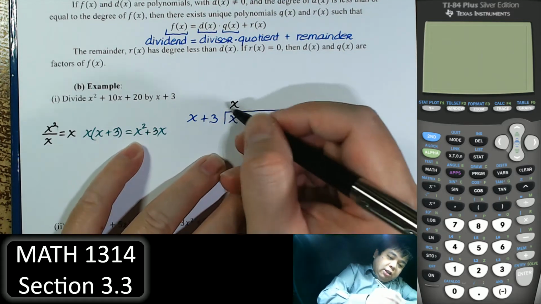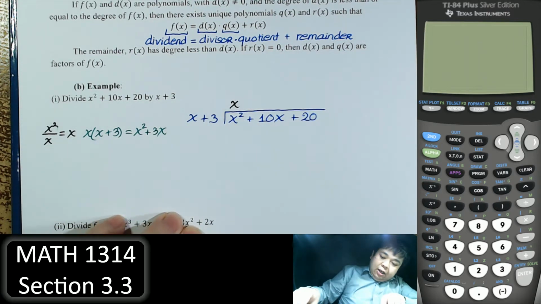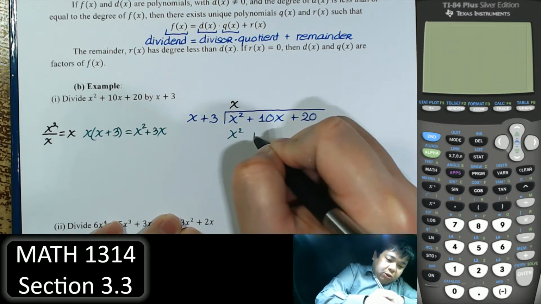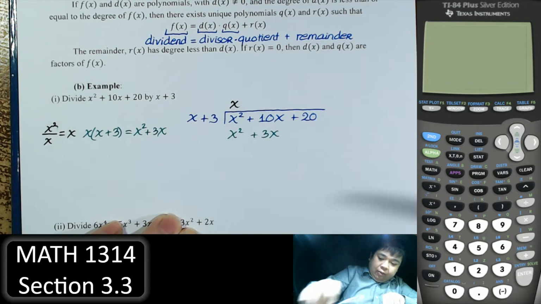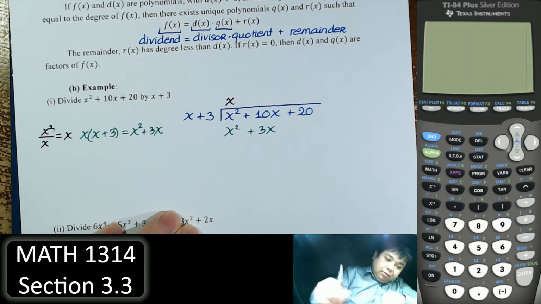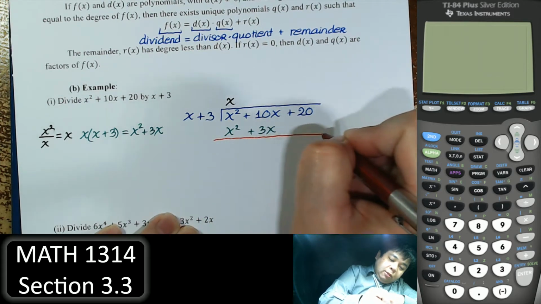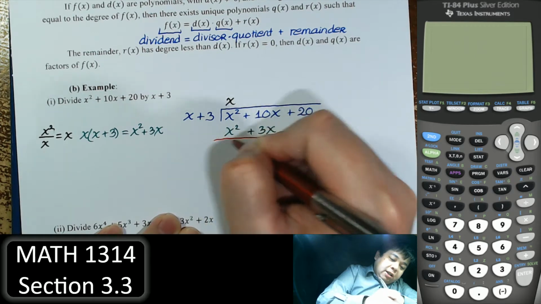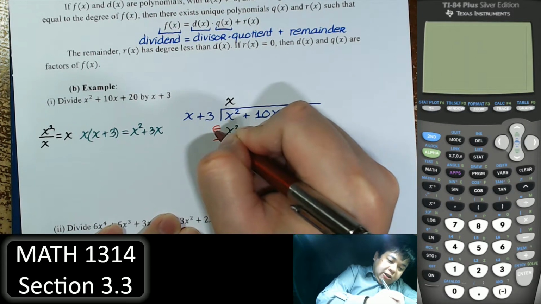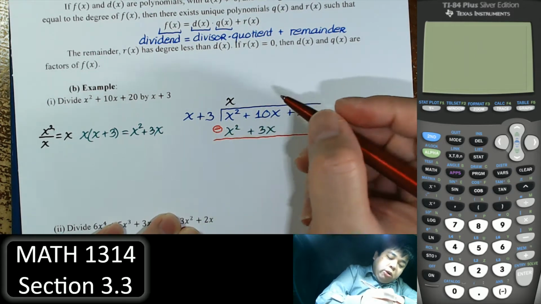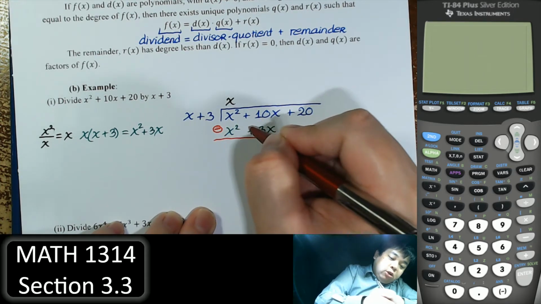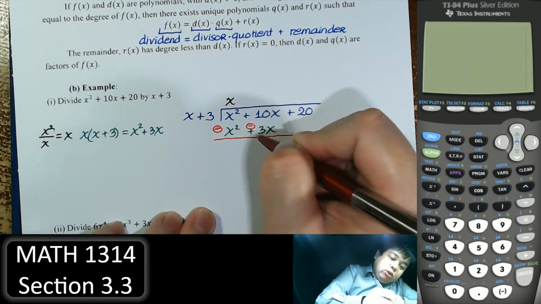And so we're going to write x squared plus 3x here. Now we subtract them. So when we subtract, we just change the sign of the second polynomial, the second expression, positive to negative, and we just combine them.